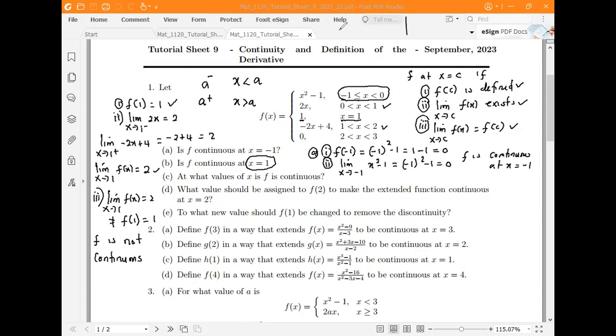So we could pick the limit because the function is defined at that value. We could also pick the value because it's defined at that value. Then we could also pick the limit because it exists at that value. So had we seen -1 appearing twice, we would have picked two functions.